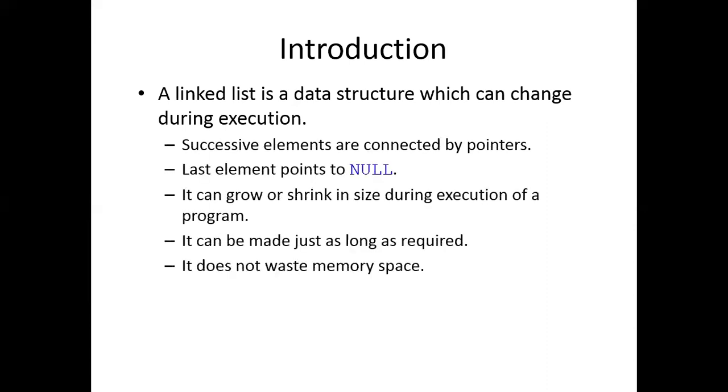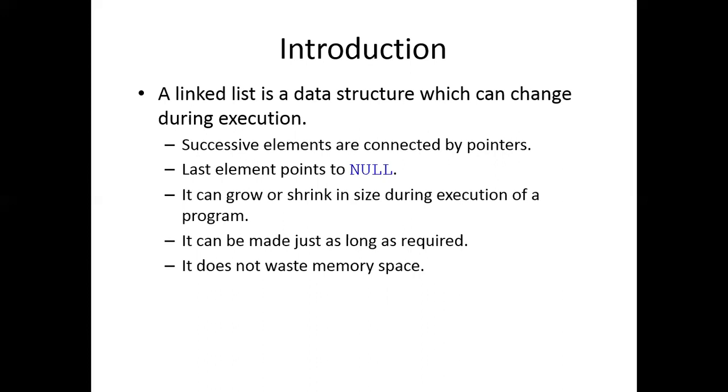Each item in the list will be saved, and each item in the list will have the data part and the pointer location. The successive elements in the list are connected using pointers, and the last element will be a null pointer.